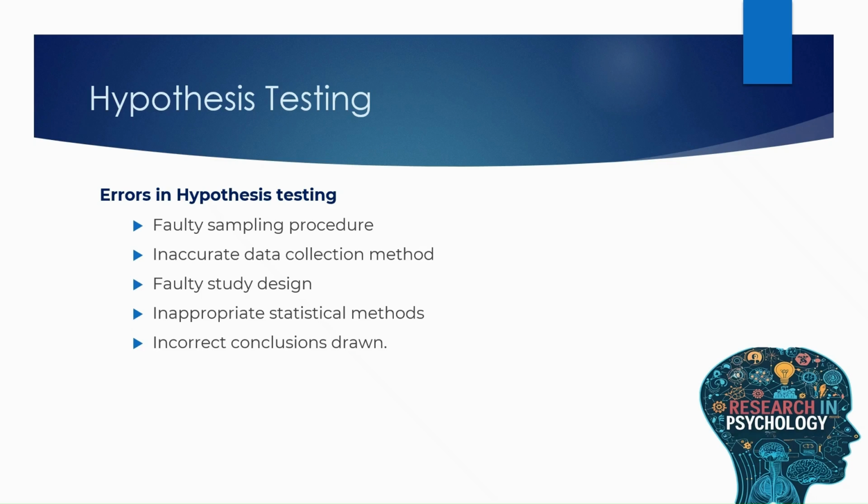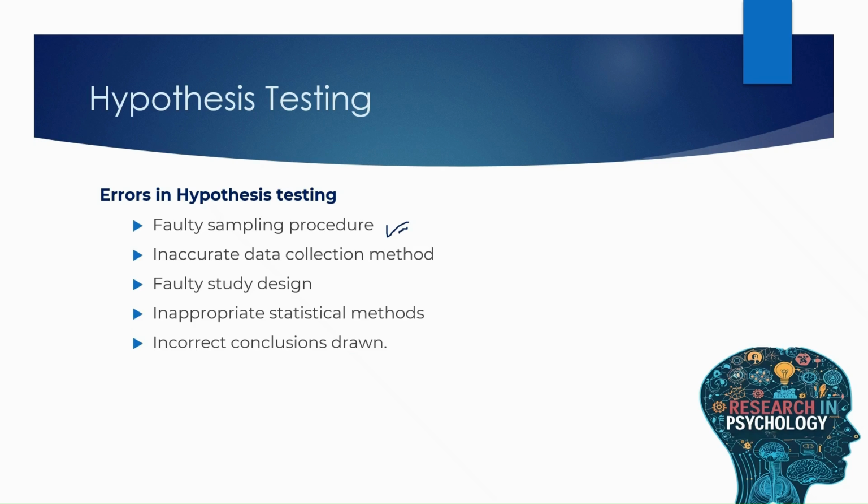Okay, what are the different reasons of errors which can come up when we are performing a hypothesis testing? These are the simple reasons. Okay, first one, faulty sampling procedure. We said that sample should be selected randomly, which means if there is a population of 1000 people, we are choosing 50 from the 1000 in our sample, right? So every single person or every one of those 1000 should have equal probability to make it to the 50.